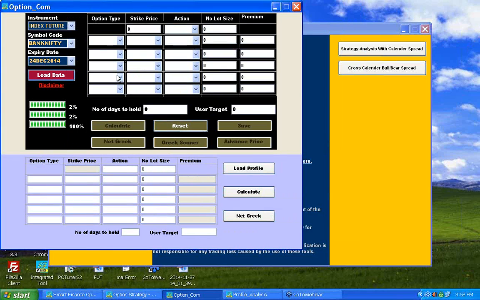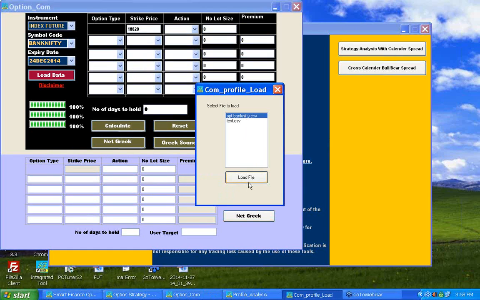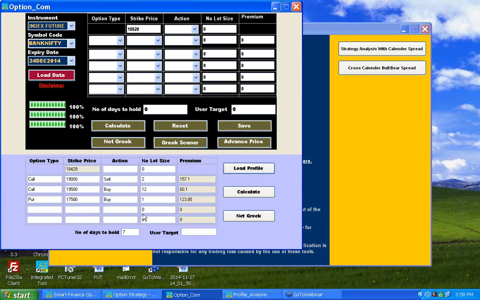So here I'll be loading the values, and once it is loaded, I'll be loading this profile.